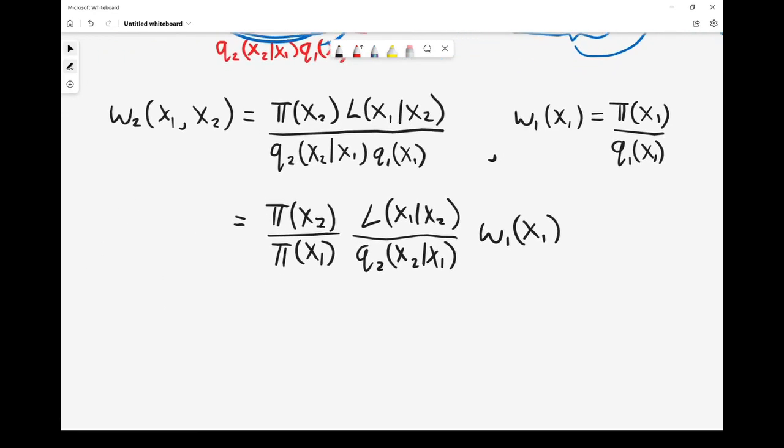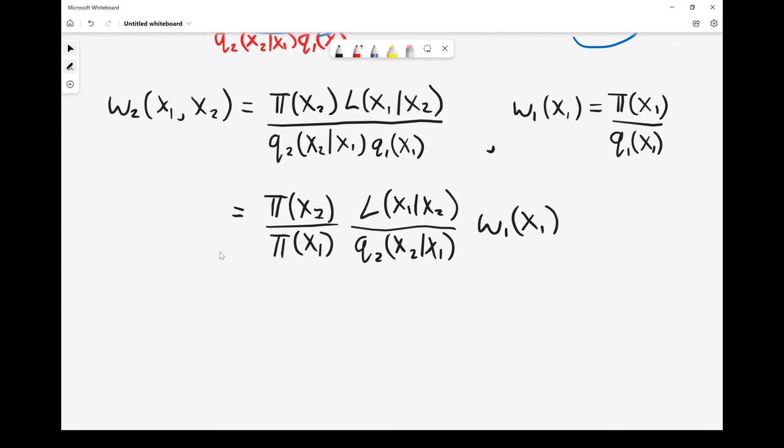So now we have an equation for sequentially updating the weight of our samples x1, x2, given the weights of our samples at x1.